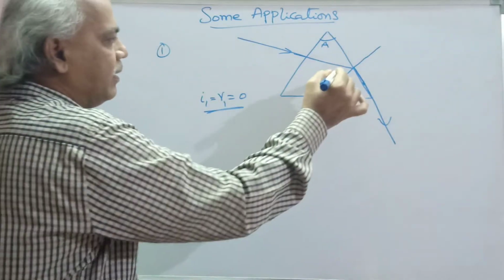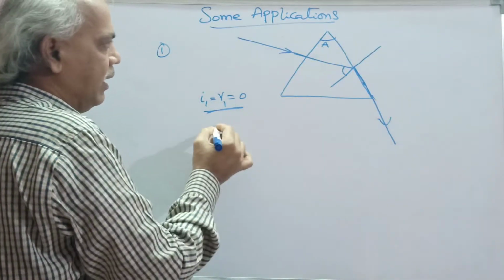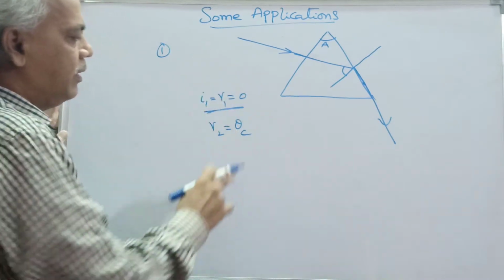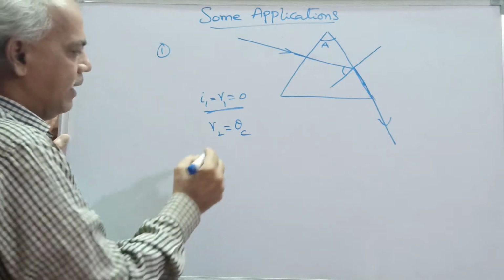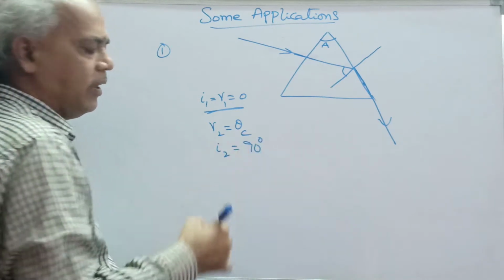Then the angle of refraction at the other surface, R2, is equal to theta c, the critical angle, and I2 is equal to 90 degrees.